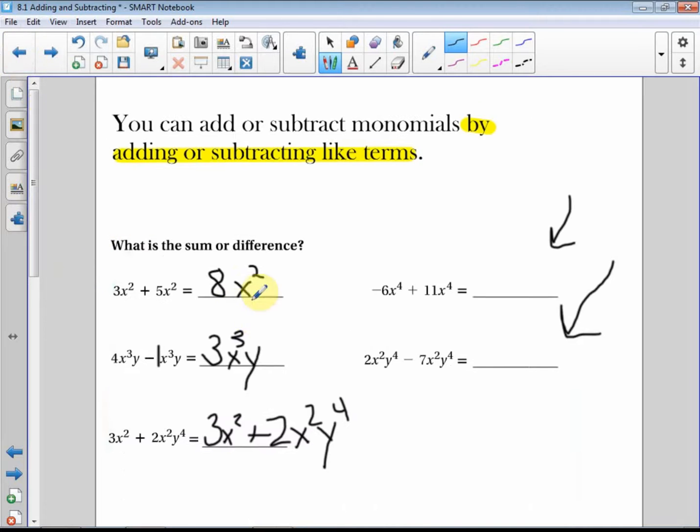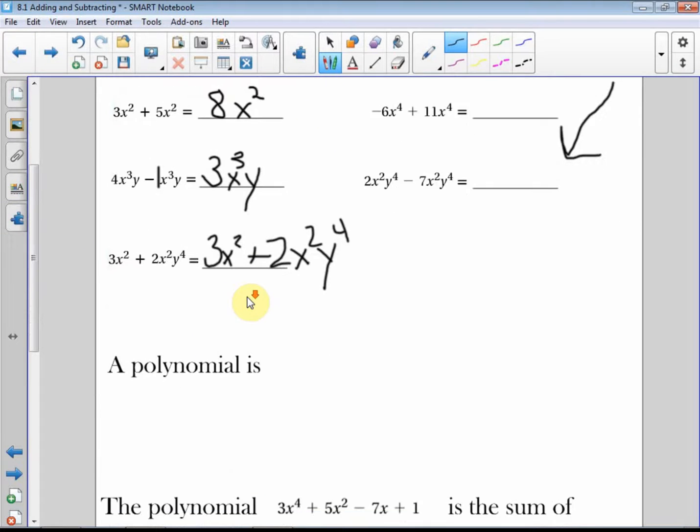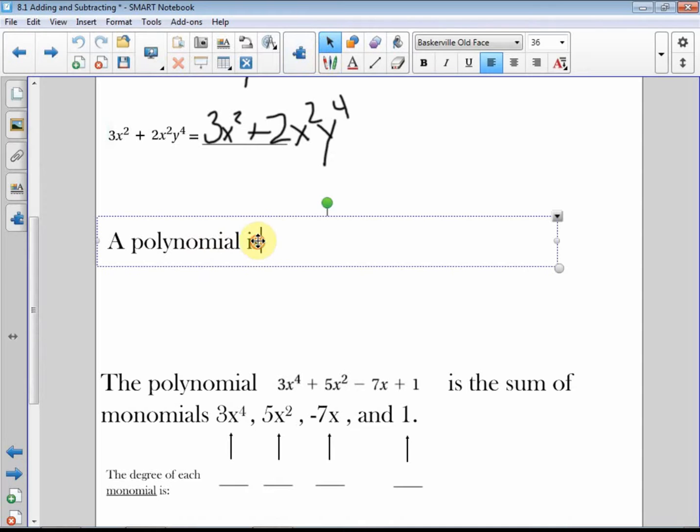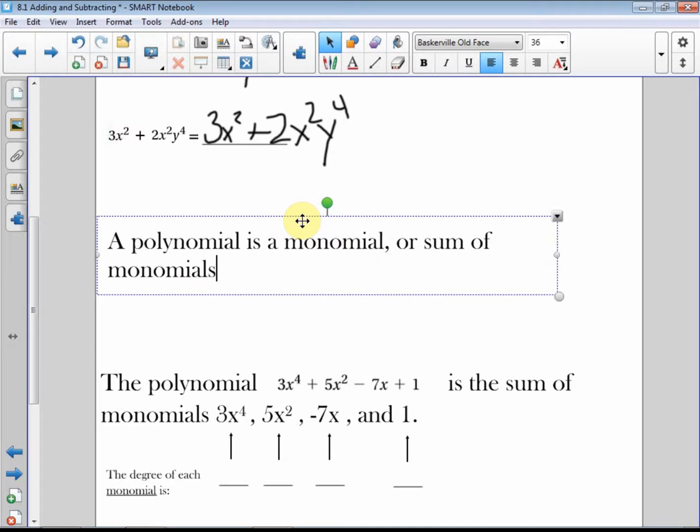Yes. So, we found the sum or difference by combining like terms. Those are monomials. We are talking about polynomials now. A polynomial is a monomial or sum of monomials. We know that monomials are one term. They are single terms.